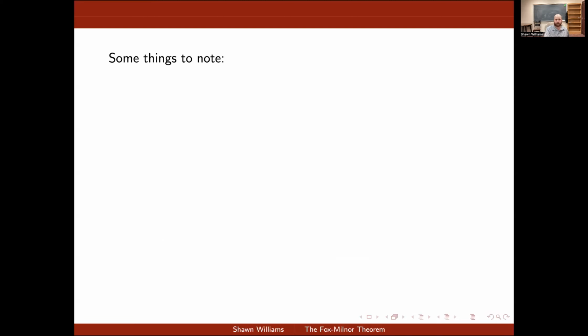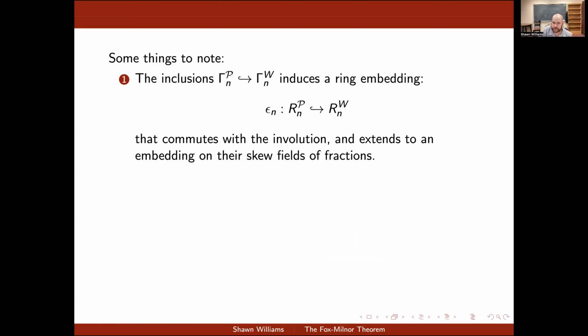First, something that I've already mentioned, the inclusion of gamma_nP into gamma_nW, this monomorphism, induces a ring embedding on our PIDs, R_nP into R_nW, and I'm going to call these embeddings epsilon_n. These embeddings commute with the involution, and they extend to an embedding on their skew field of fractions.